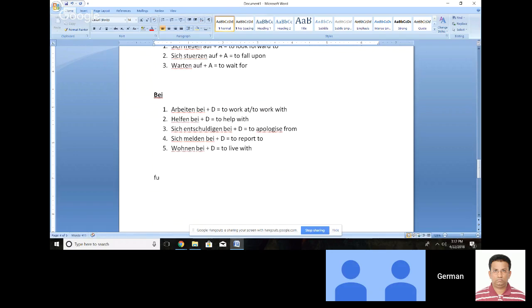Next is für. Arbeiten für plus accusative, to work for.